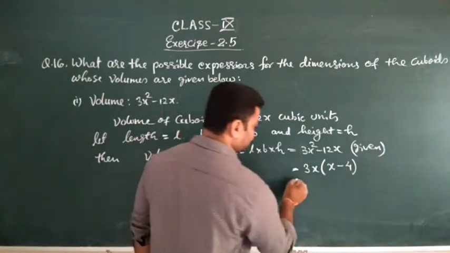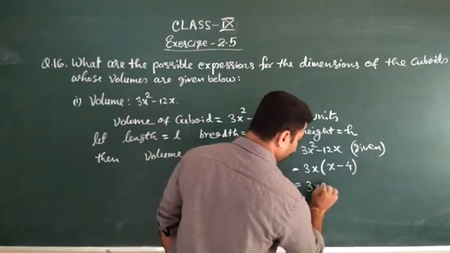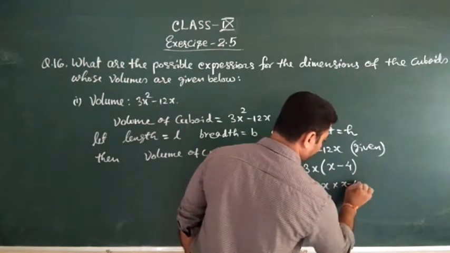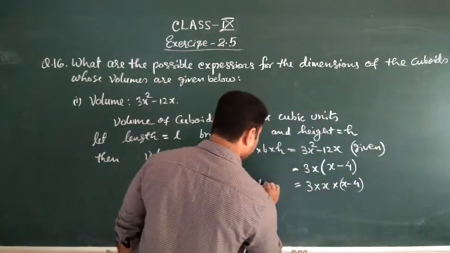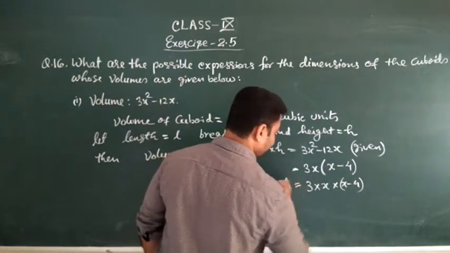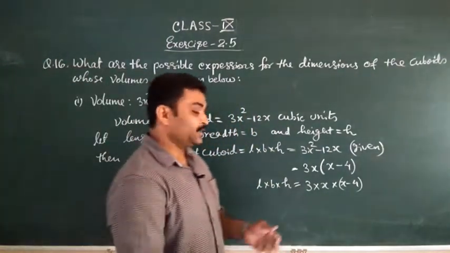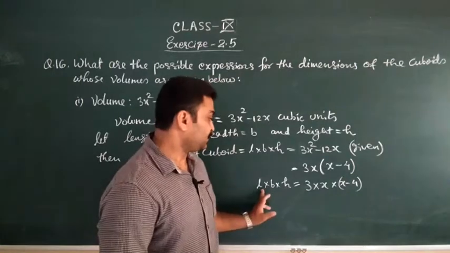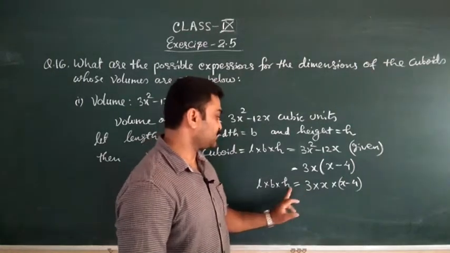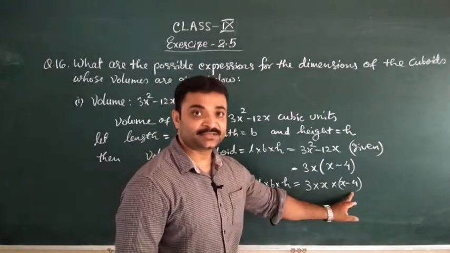Now we can write this as 3 into x minus 4, and here L into B into H. Now students, it does not mean that length is 3, B is x, and H is x minus 4.